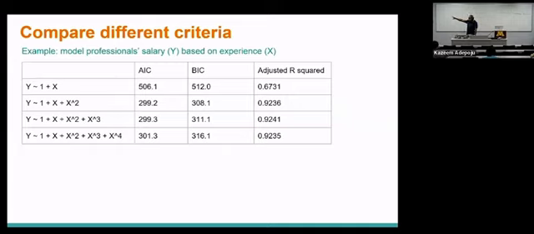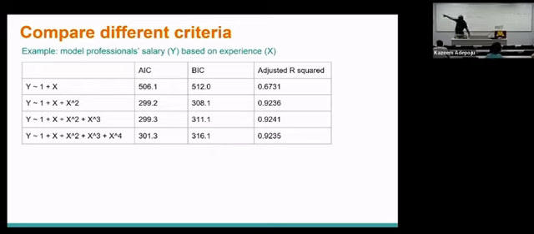Maybe you run these four modules. X is experience, Y is salary, and for each you obtain the AIC, BIC, and adjusted R squared. The module with the largest adjusted R squared is the best, and the module with the lowest AIC or BIC is the best, but at times there could be conflicts. The AIC and BIC agree here.